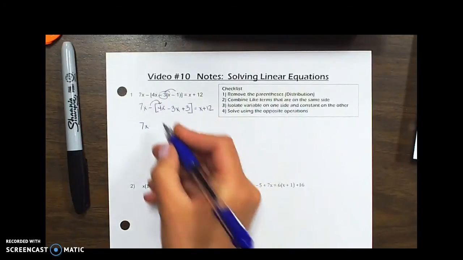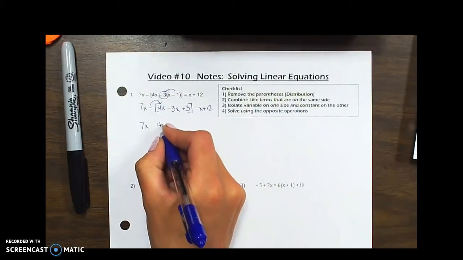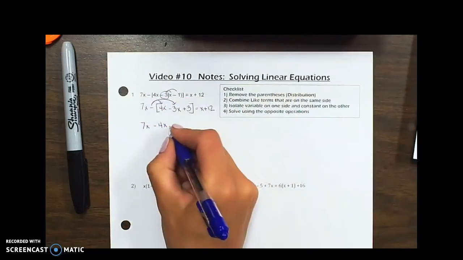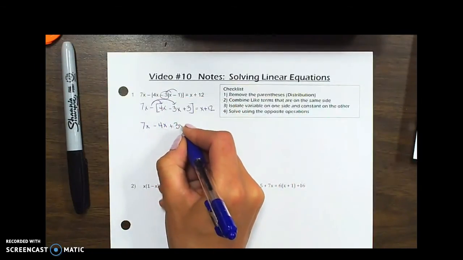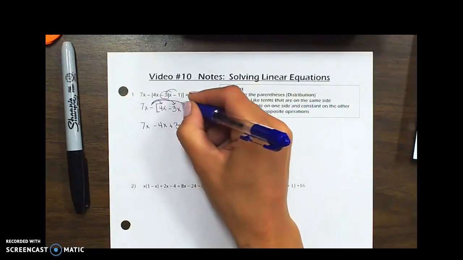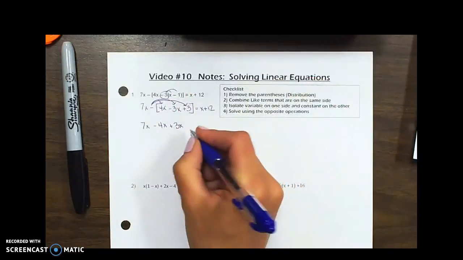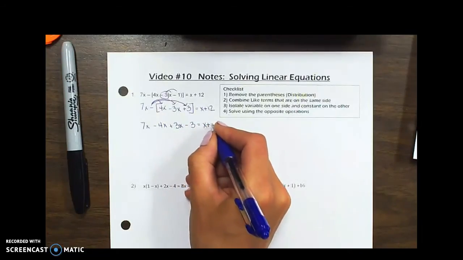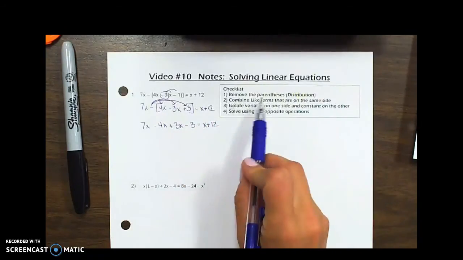Negative times a 4x gives me a -4x. A negative times a -3x gives me a +3x. And then a negative times a +3 is going to give me a -3. Equals x plus 12. Okay, so now we removed all the parentheses.